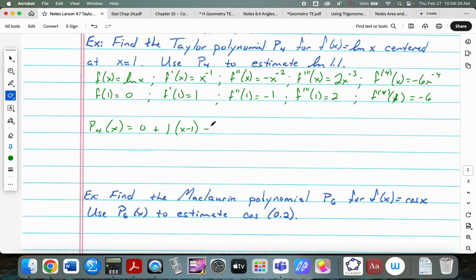And then I've got negative 1 over 2 factorial times x minus 1 squared plus 2 over 3 factorial times x minus 1 cubed minus 6 over 4 factorial times x minus 1 to the 4th.